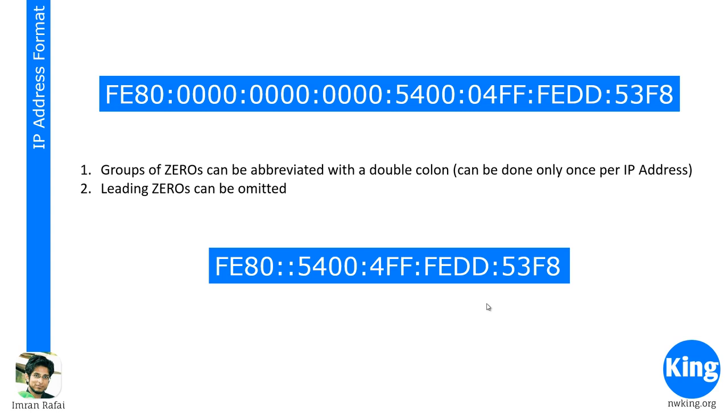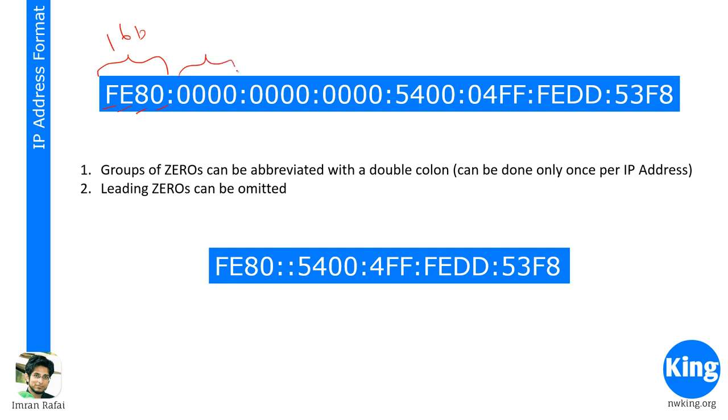Now, what is the IPv6 format? It's a 128-bit IP address and it is denoted by hexadecimal digits. Each of these letters or digits is 4 bits long, right? So each group of 4 digits is 16 bits.